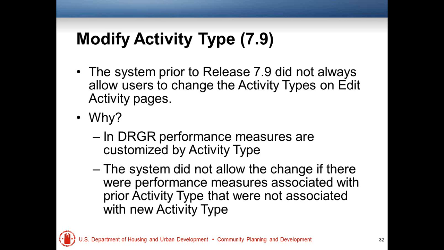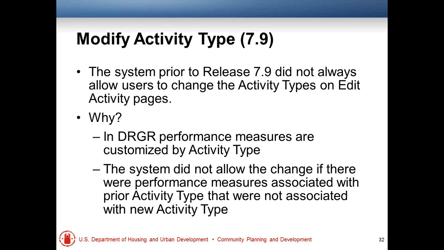So HUD correlates it: if it's activity type X, these are the different performance measures that a grantee may choose to report against. By doing that, if someone changed the activity type, all their prior performance measures would become null and void, and the system wasn't able to handle that.